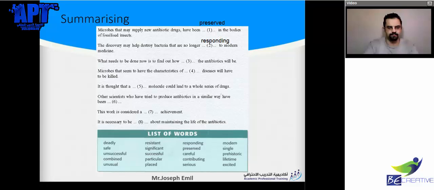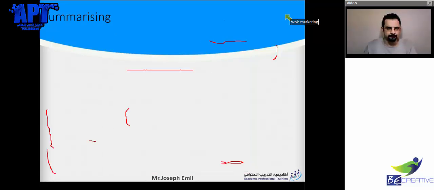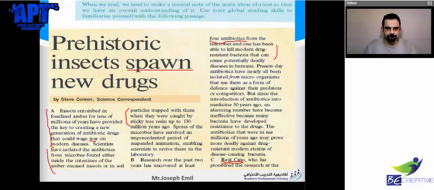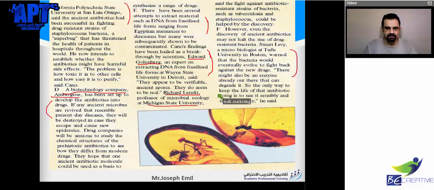How safe? Next, microbes that seem to have the characteristics of modern diseases will have to be killed. Or ancient diseases, prehistoric diseases, will have to be killed. So maybe prehistoric diseases, because here they say that the samples might be contaminated. They will be destroyed in case they escape and cause new epidemics.